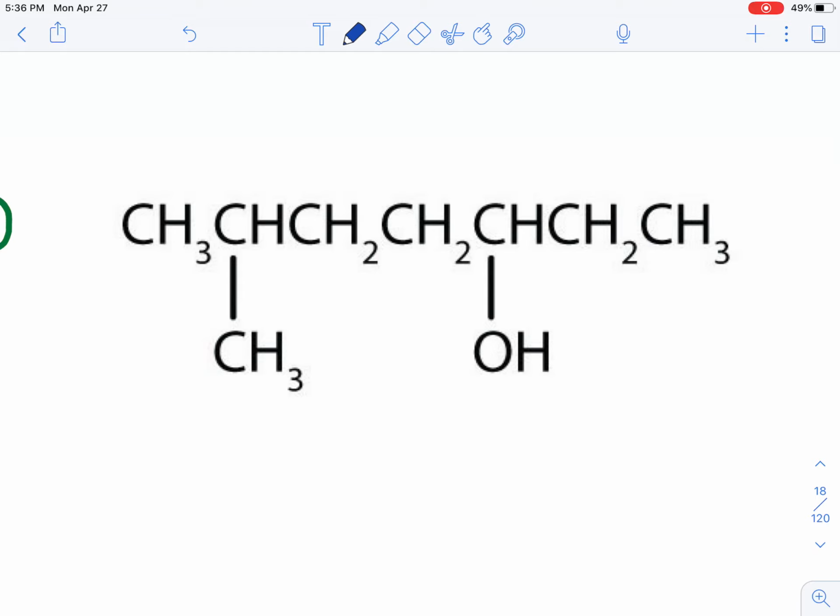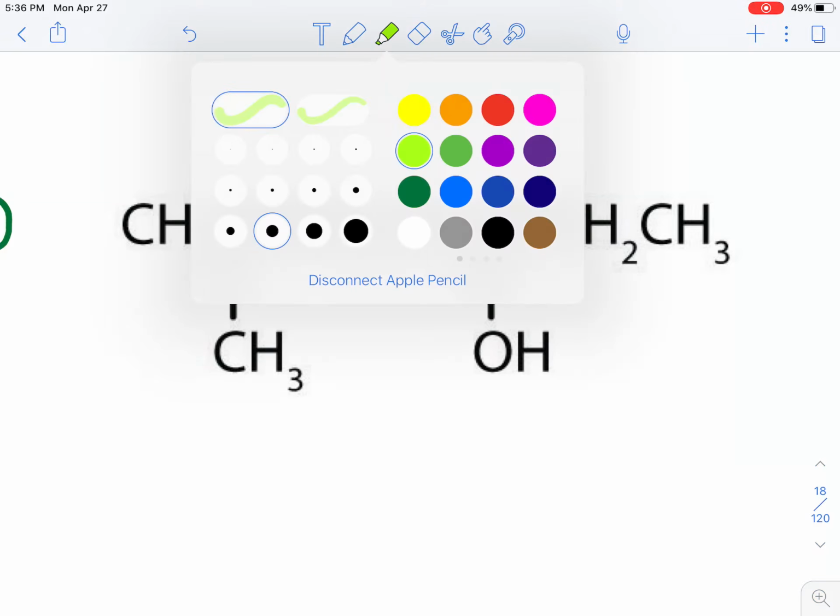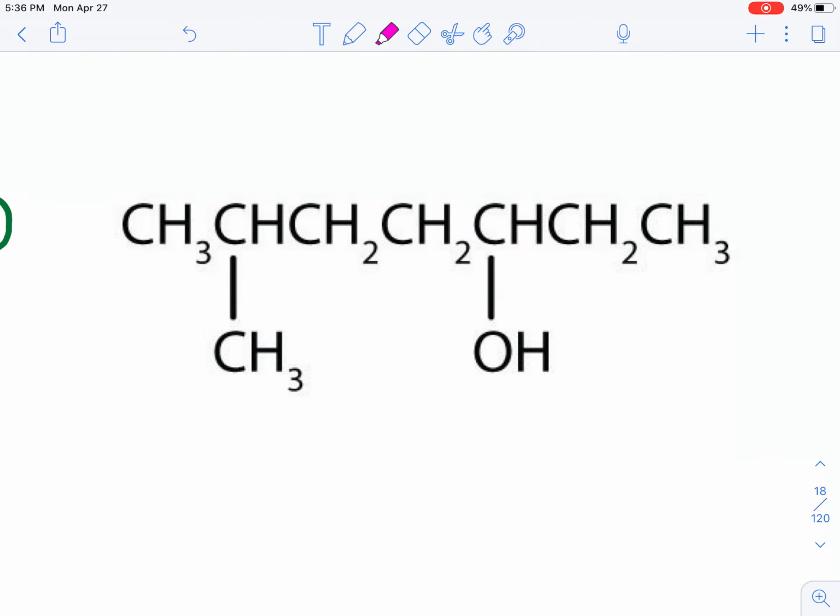All right, so let's go ahead and look at this next example. Same idea, we're going to find our longest carbon chain that contains the alcohol. 1, 2, 3. No alcohol here, and it's only 3 carbons. We have a whole bunch of other carbons to go through. That's probably not it. 1, 2, 3, 4, 5, 6, 7.